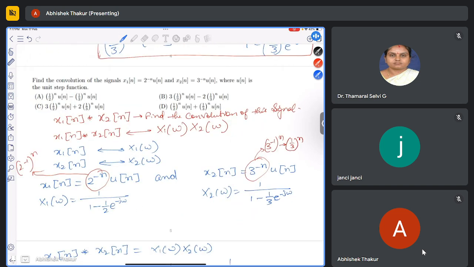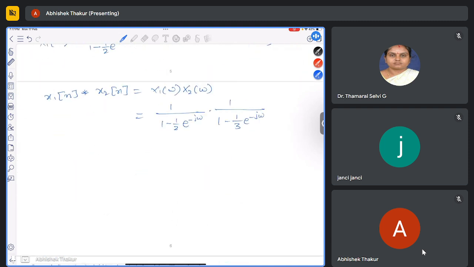For matching with the options, the options are in the decomposed form, while our answer is in multiplied form, so we will decompose it. We can easily decompose it like this: 3 by 1 minus half e to the power of minus j omega minus 2 by 1 minus 1 by 3 e to the power of minus j omega.